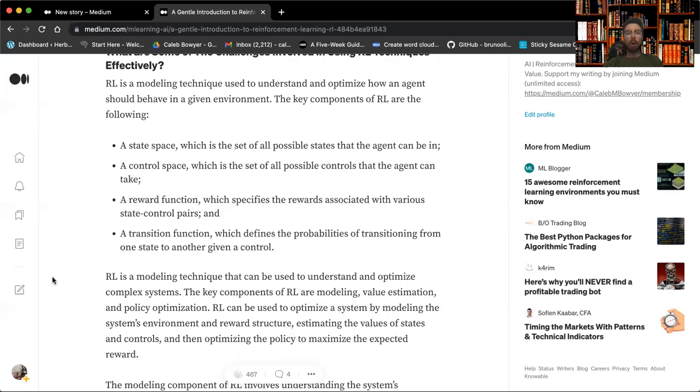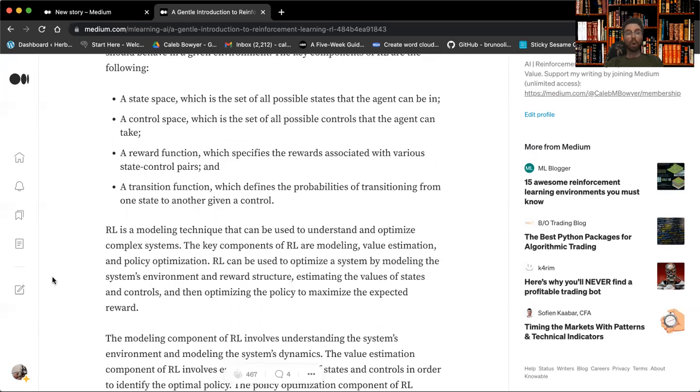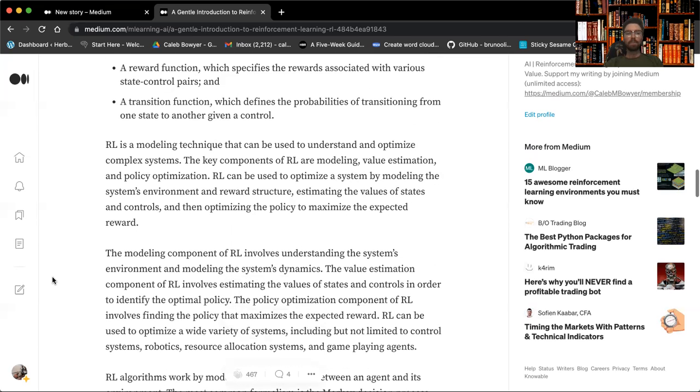This is the set of all possible controls that an agent can take. A reward function. This specifies the rewards associated with various state control pairs. And finally, a transition function. This defines the probabilities of transitioning from one state to another given a control.